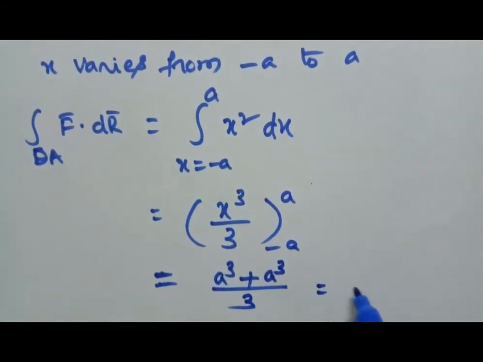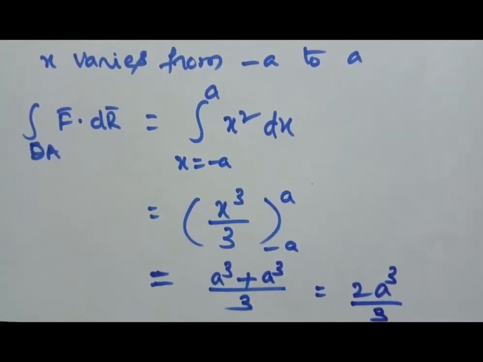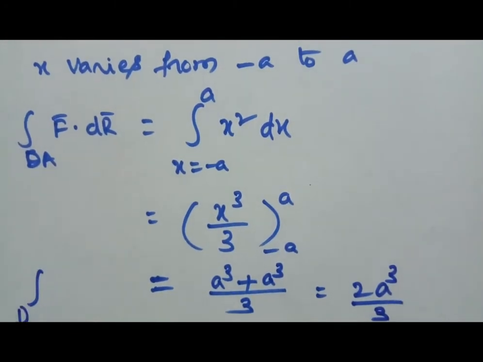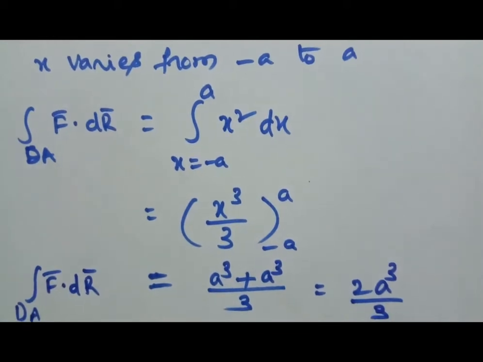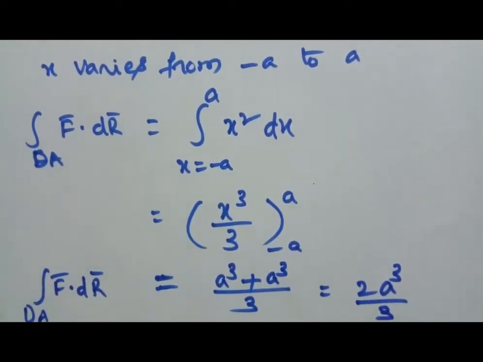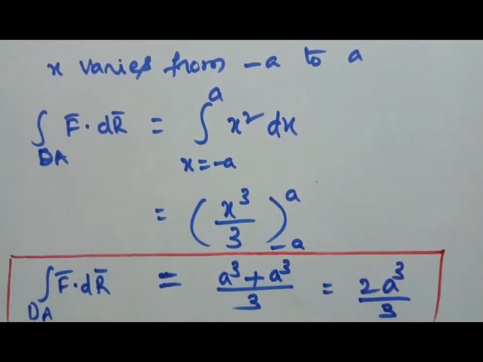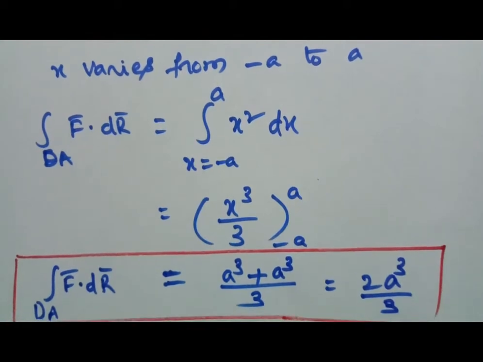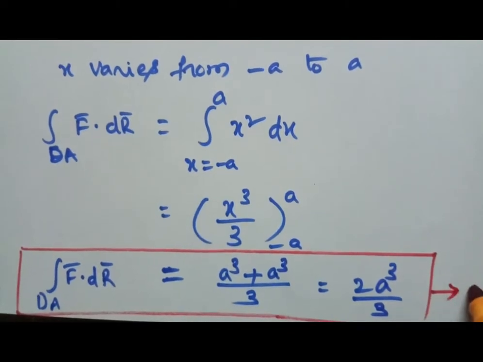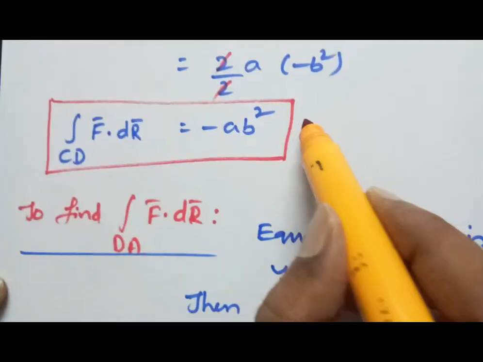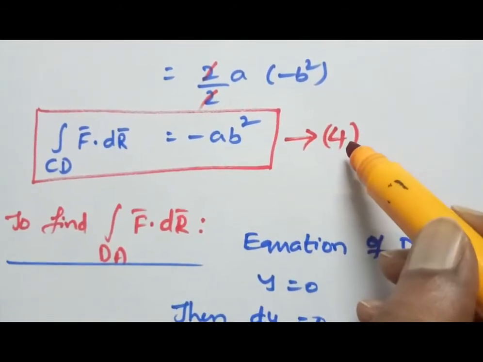This is equal to 2a cube by 3. This is integral over DA of f bar dot dr bar. Say this is equation number 5. Above one is equation number 4. Here you write equation number 4.